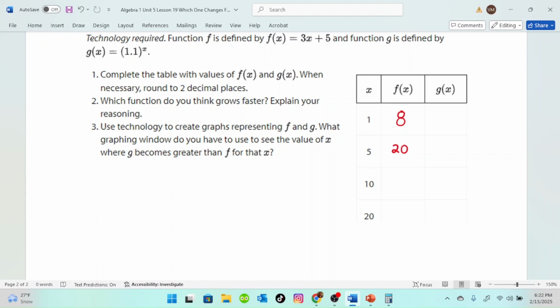Next, we have x is 10, so f of 10 would be 3 times 10, which is 30, plus 5 is 35. And lastly, we have x is 20, so f of 20 equals 3 times 20, which is 60, plus 5, which is 65.